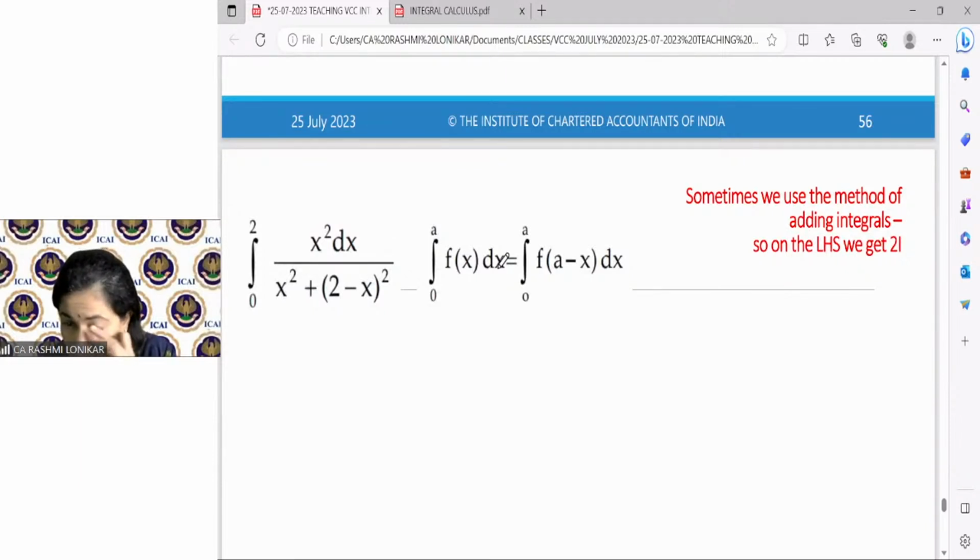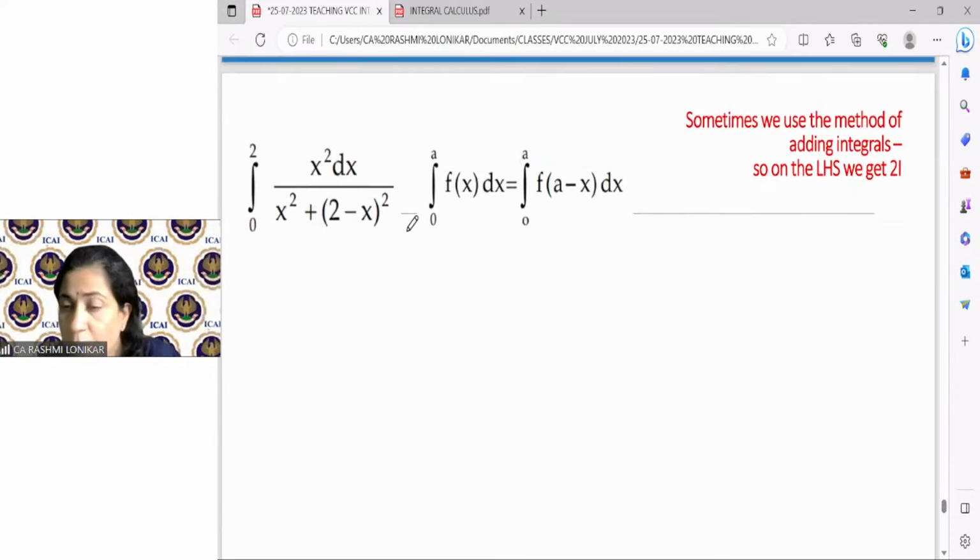Okay, this is one important question I want to take for definite integrals, because here we are using this property. Integral, we just discussed this property. Integral of f(x) going from 0 to a can be written as integral of f of a minus x, 0 to a.